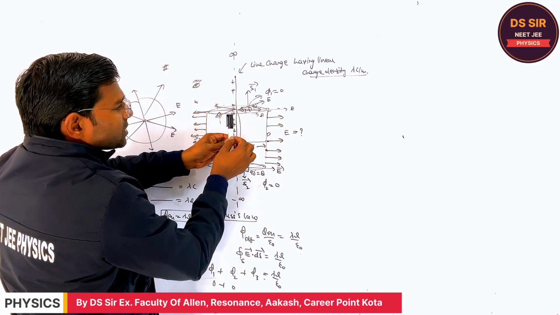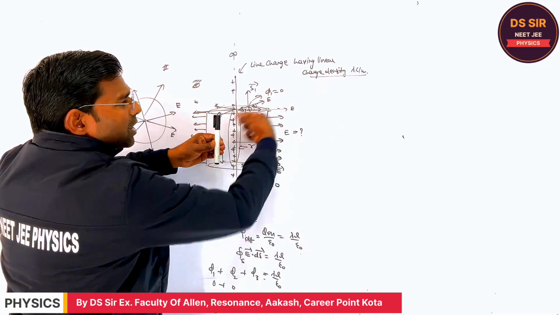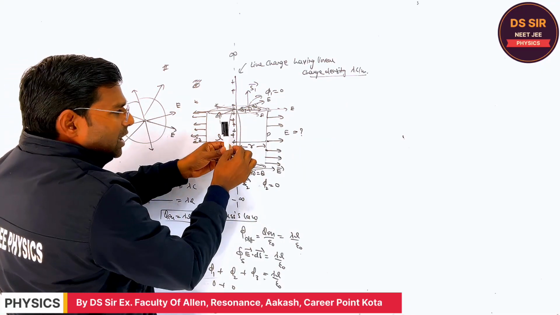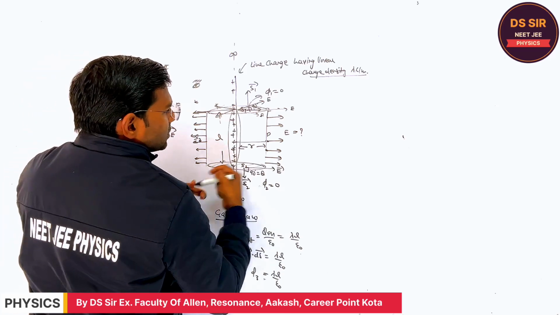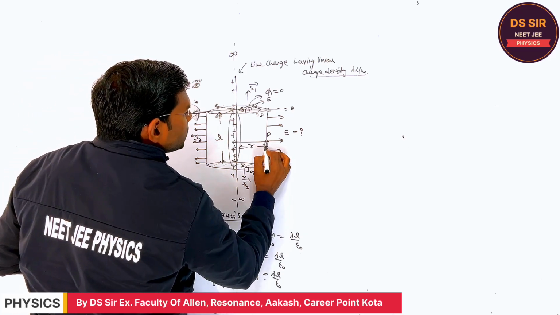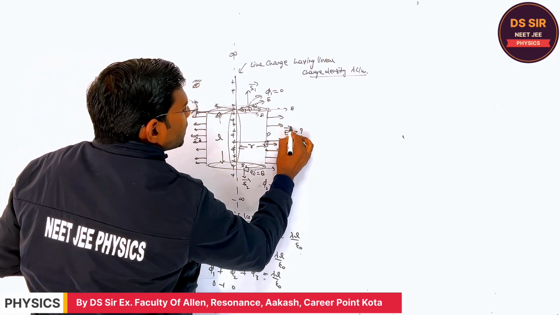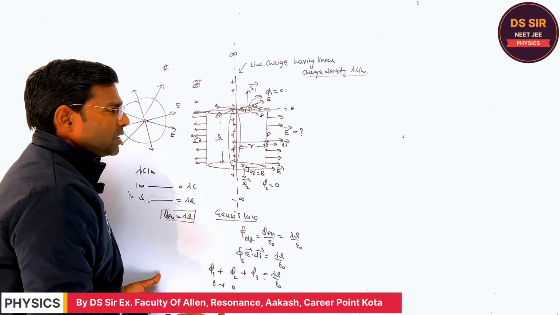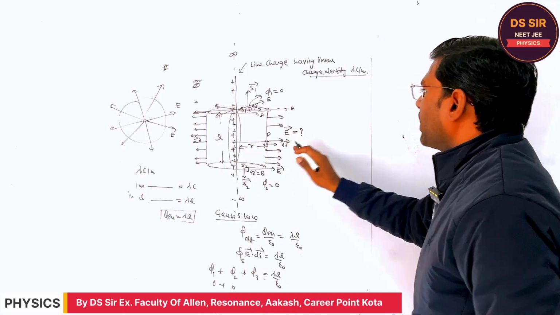But for this surface, the electric field is coming out from the curved surface. The electric field is perpendicular to the curved surface, that is, the electric field vector and ds vector are in the same direction.